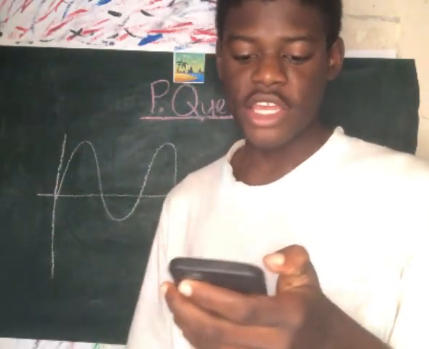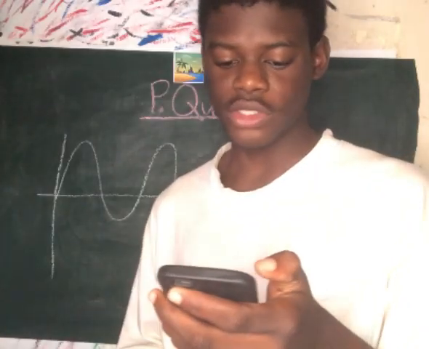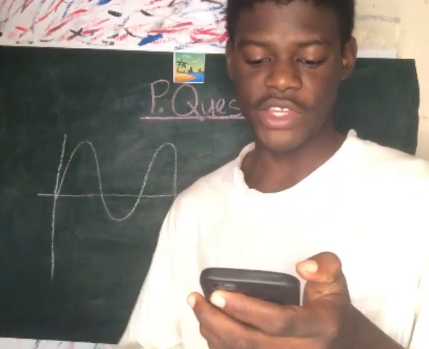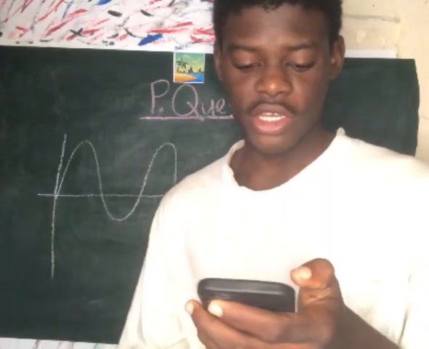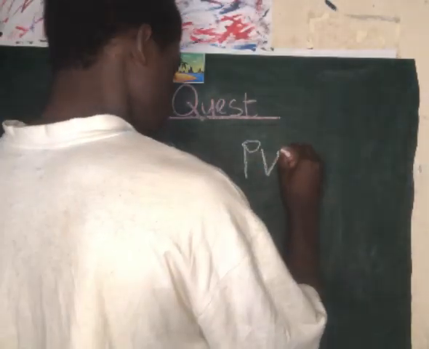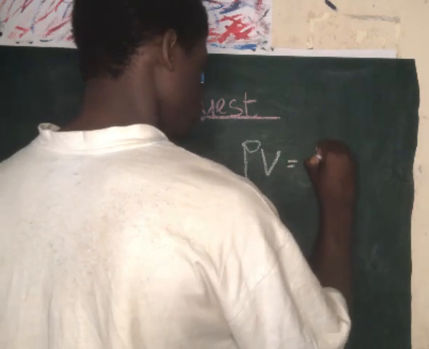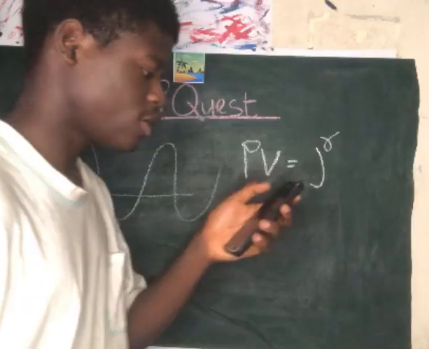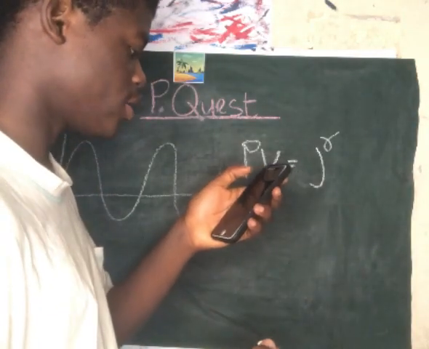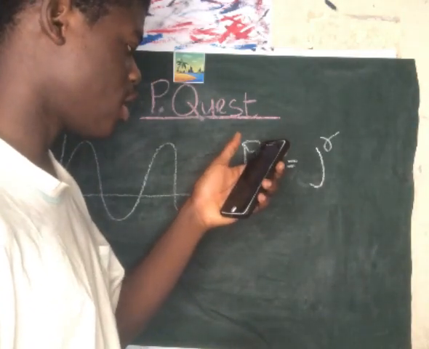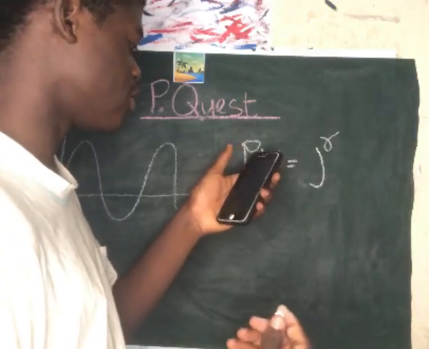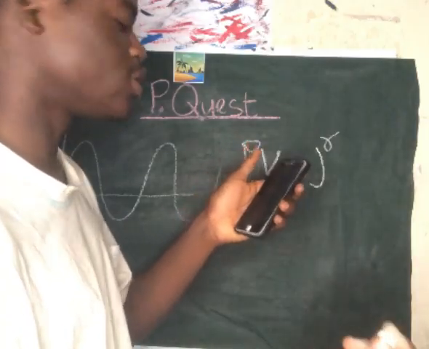Number 2, they said if the relationship between a physical quantity V and another physical quantity J is given by PV is equal to J raised to power gamma, where P and gamma are constant, when the graph of log V is plotted against the graph of log J, which of the following statements is true?